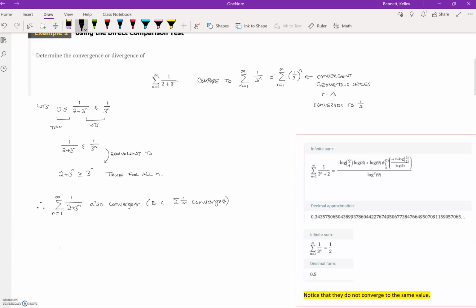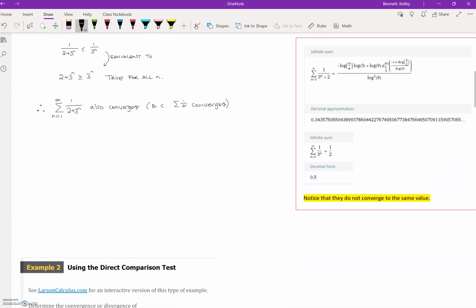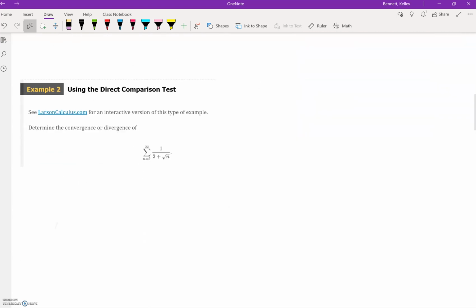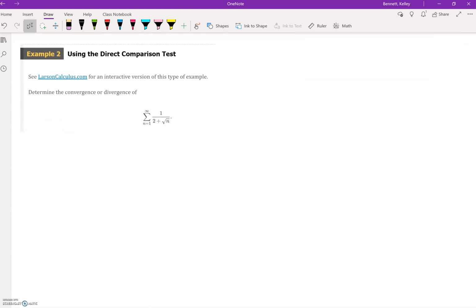Okay, so let's look at another example. We're going to use the direct comparison test again. Here is our series: 1 over 2 plus the square root of n. So how are we going to do this one?